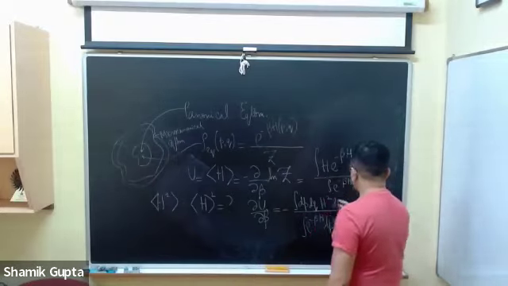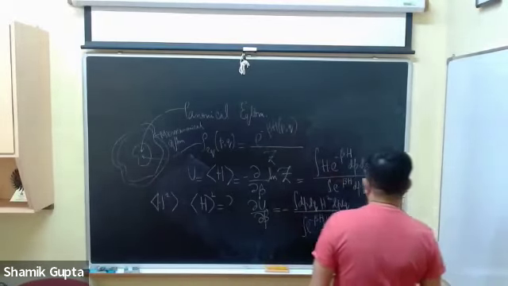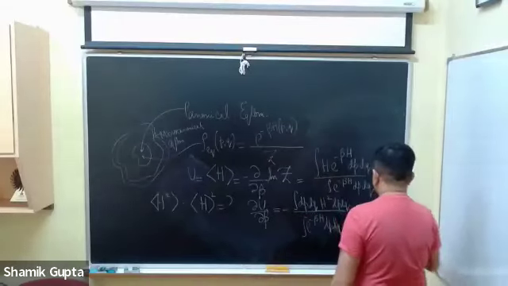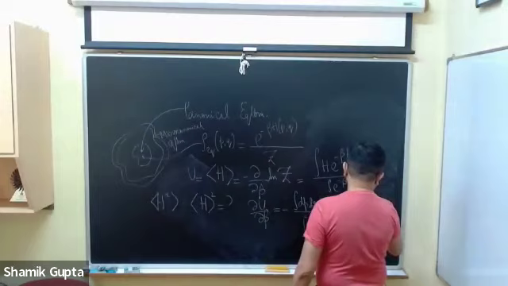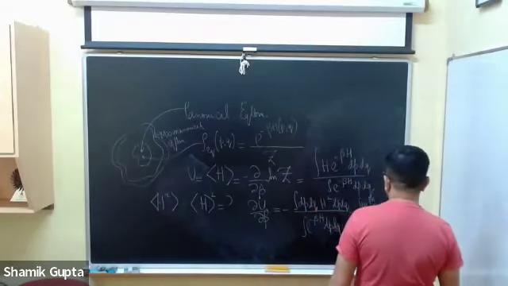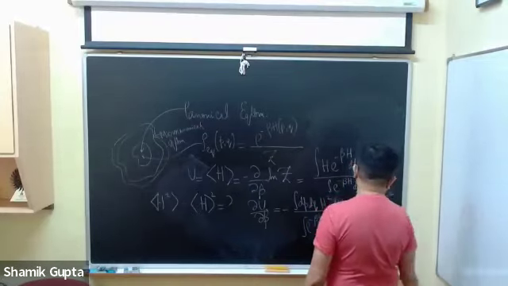Now we have to take the derivative of this guy with respect to beta. So you get minus H. So this factor will remain, of course. Minus H, so that minus will make it plus. So you get this.